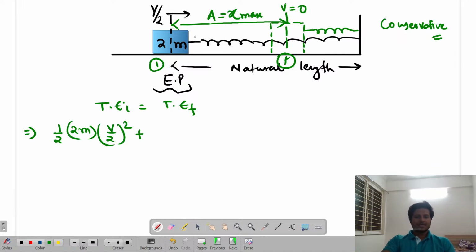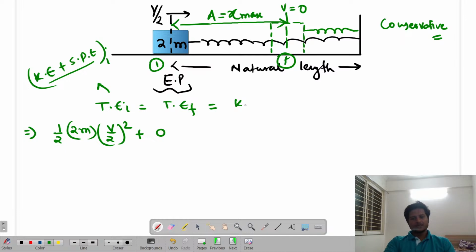At that time spring potential energy will be zero. Total energy is kinetic energy plus spring potential energy. That initial must be equal to kinetic energy plus spring potential energy final. Is that clear?